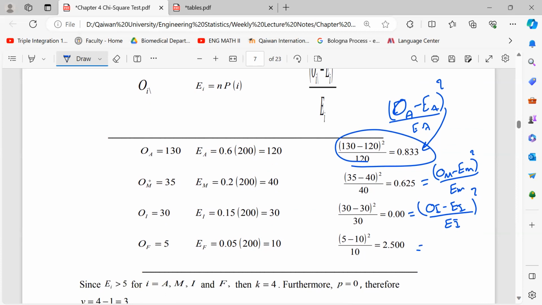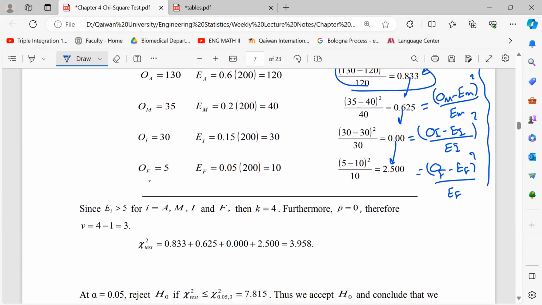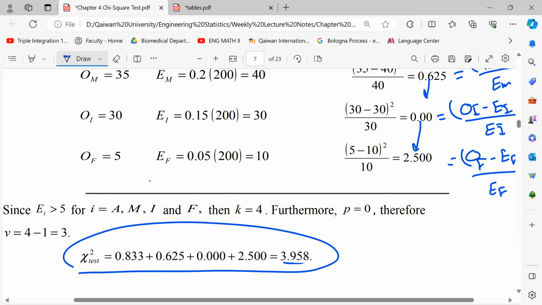And this one is for F: OF minus EF, squared, divided by EF. The sum of these is the chi-square test. We found these one by one, we add them all, and the chi-square test is the sum of these.